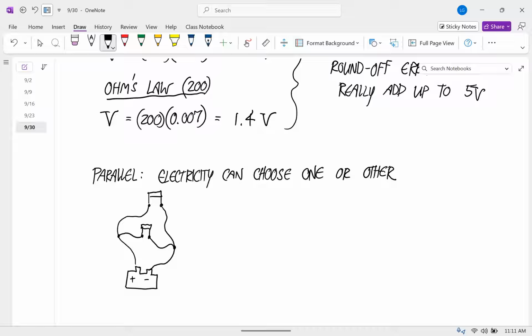The electricity goes from the positive through here. When it gets here, it has a choice. It can either go through this resistor or this one. That's fundamentally different than what we had with the series resistors, where there's no choice. You go through one, and then you have to go through the other one. And if you're doing this as a schematic, you can represent it like this.